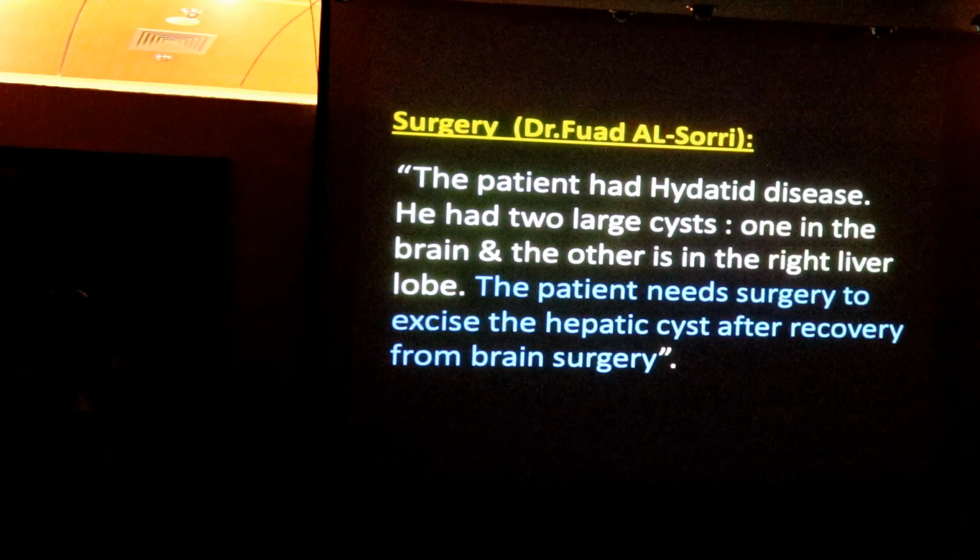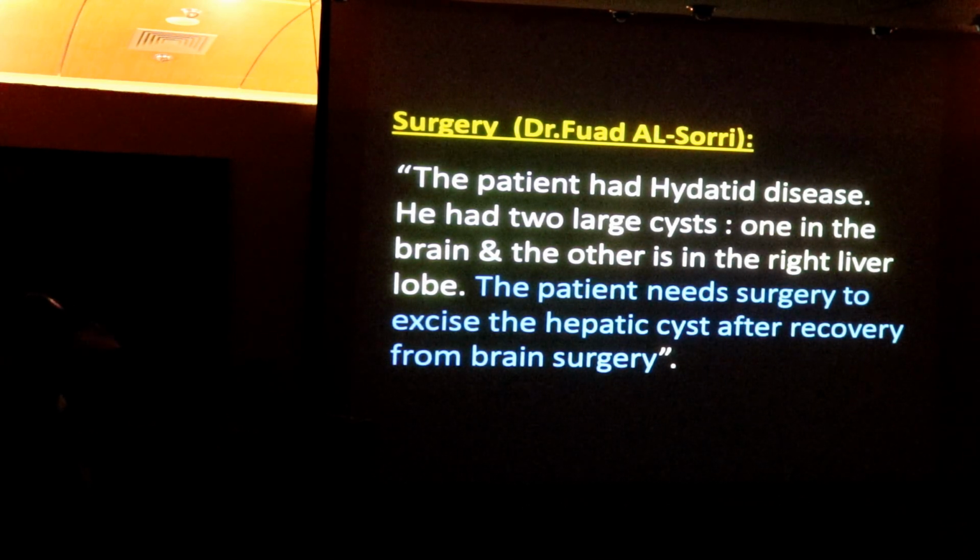Actually, I remember this patient. Dr. Ibrahim consulted us for this child. The child has two concomitant diseases, one in the brain which is pathological and symptomatic, and the other one was asymptomatic, which was accidentally discovered during the workup.